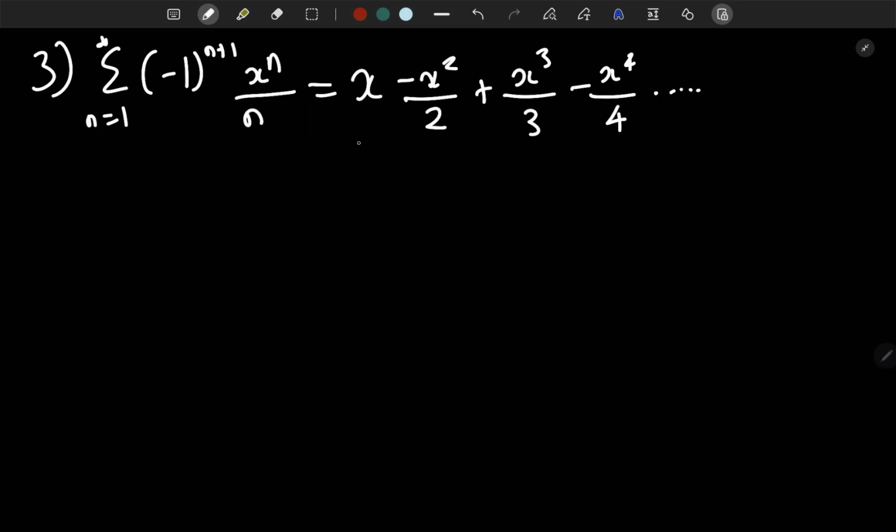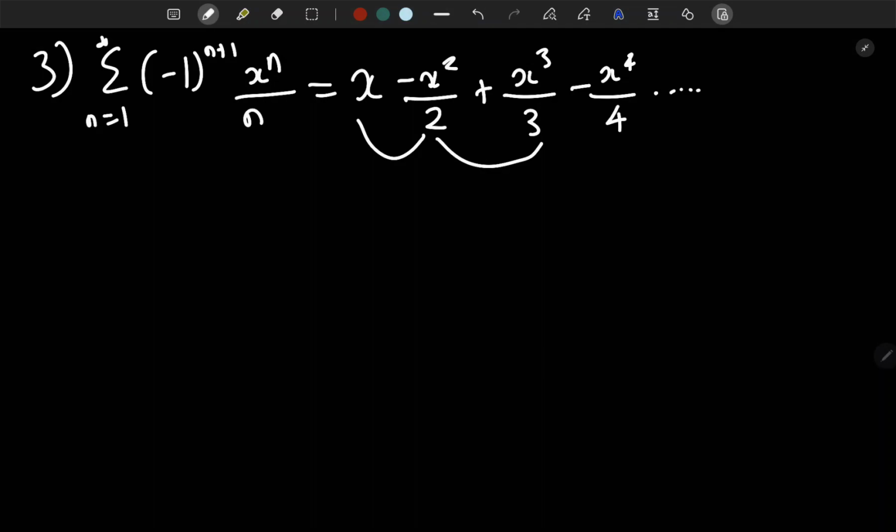One thing that we notice is we are multiplying by negative x over 2, and over here we are not multiplying by the same term, right? Because if we multiply by negative x over 2, you will get x to the power of 3 over 4, but here we have x to the power of 3 over 3. So this is not a geometric series.